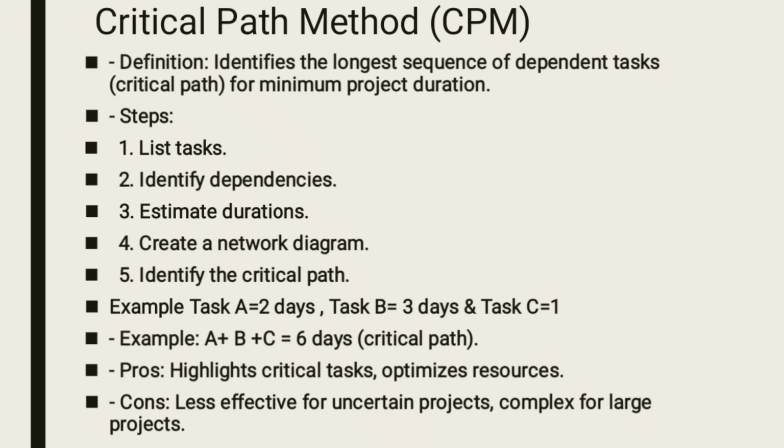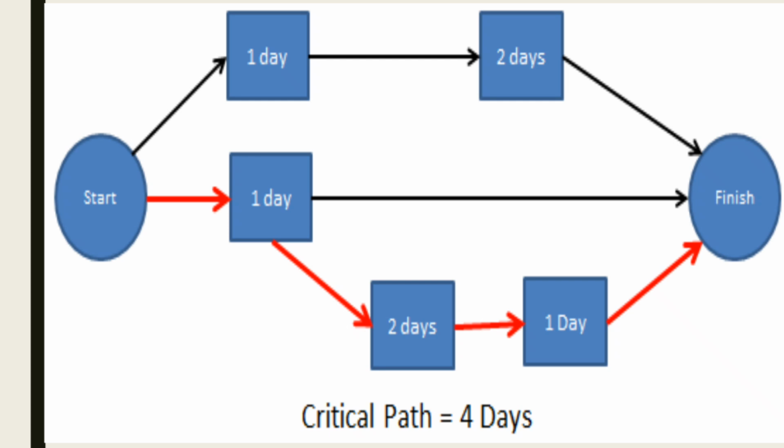We have got an example right there. In that example, we are starting a project here. There is a certain task that is going to take a single day. There is another task that is going to take a single day.